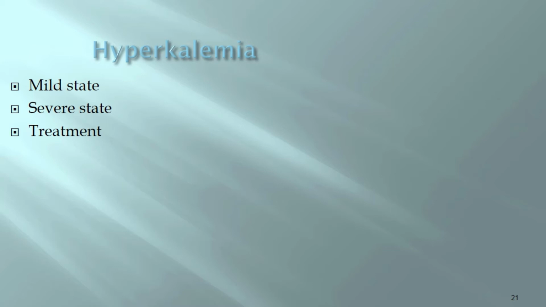So hopefully we can correct all of this, but when we enter a severe state of hyperkalemia, the cells will not be able to repolarize, resulting in muscle weakness. So from increased irritability, we are losing the ability to repolarize, and we're losing muscle tone, and we are getting into a state of flaccid paralysis and cardiac arrest.